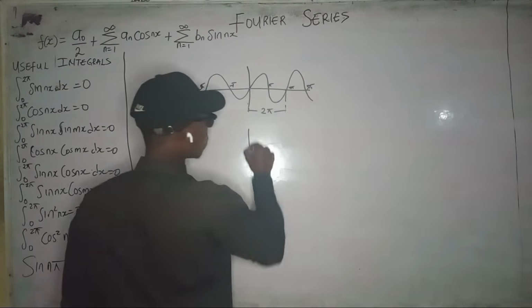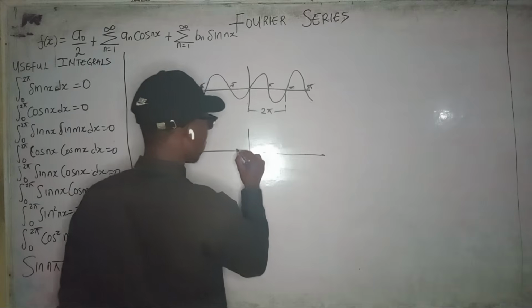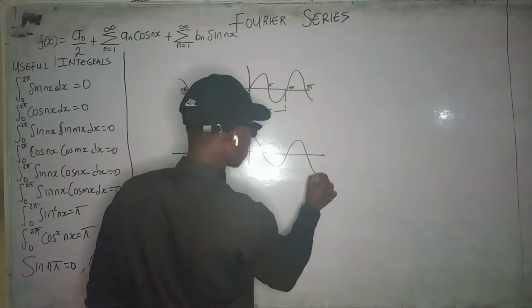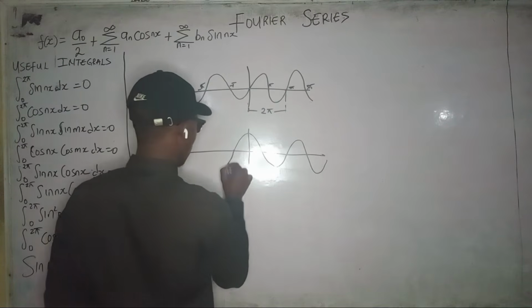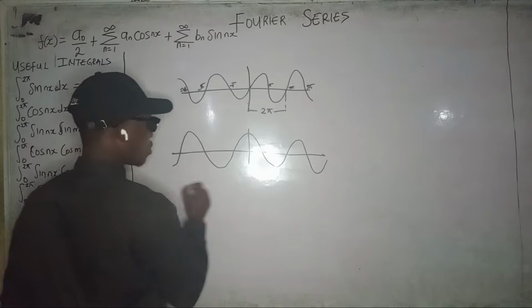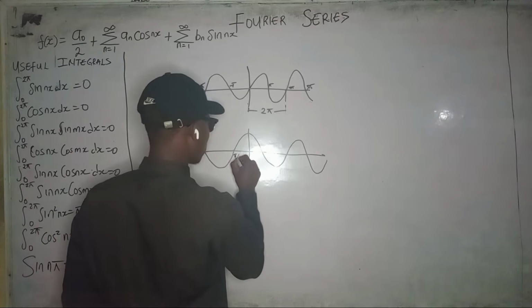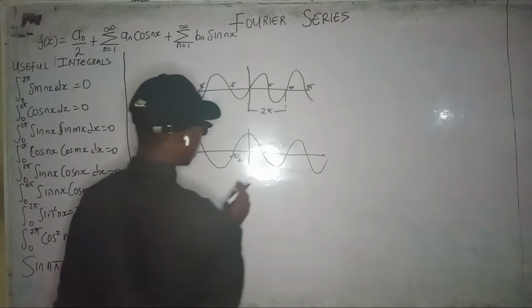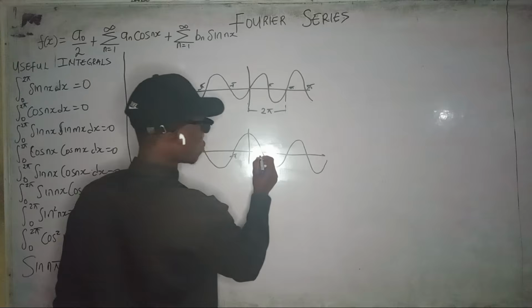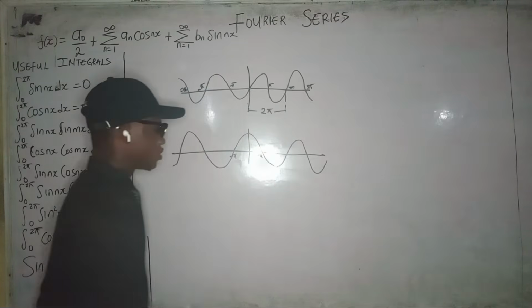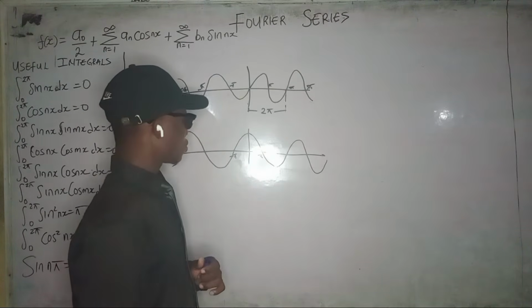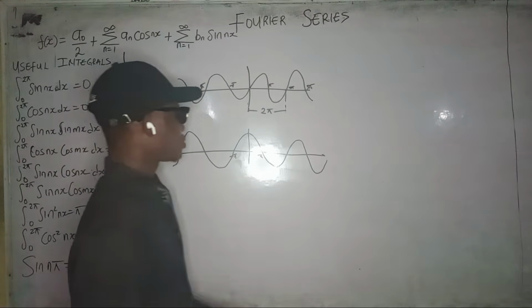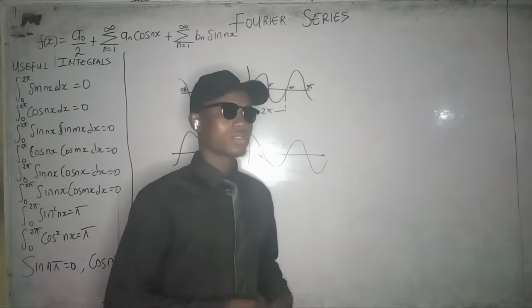Also, the graph of cos x is something like this, whereby from minus pi up to pi.